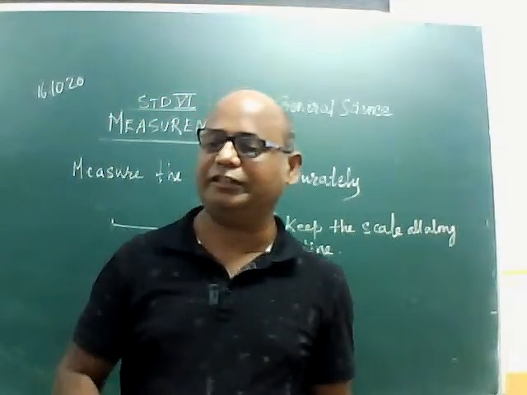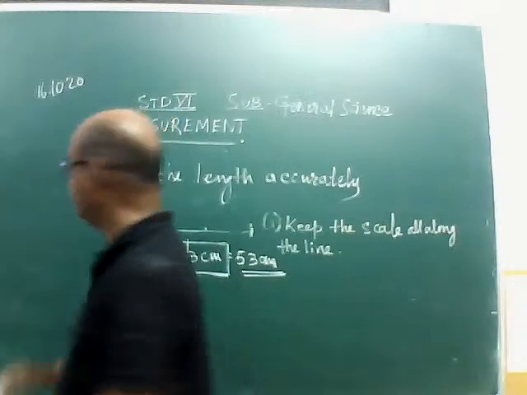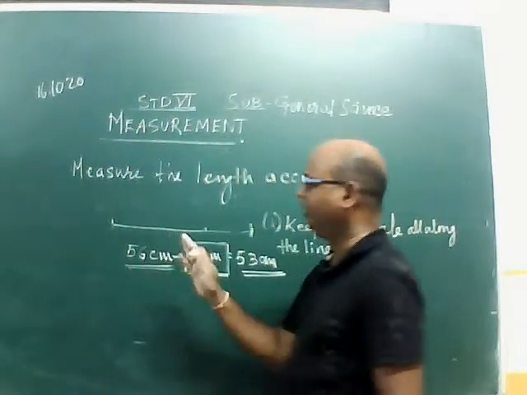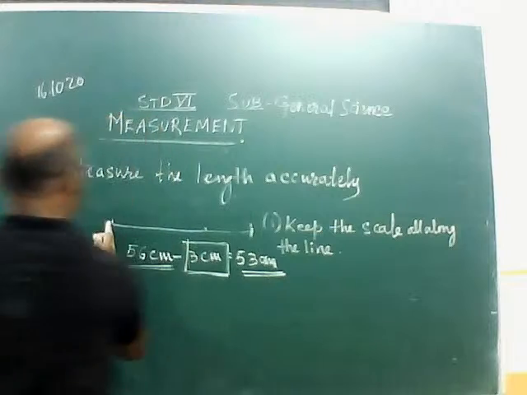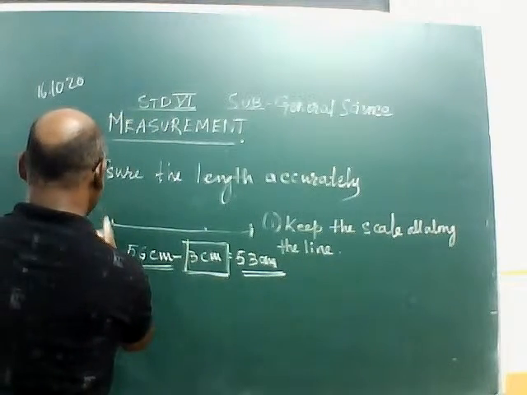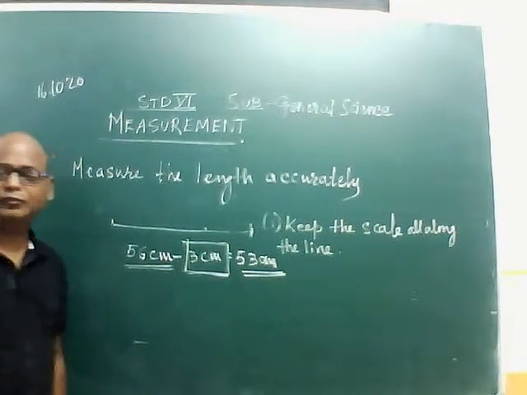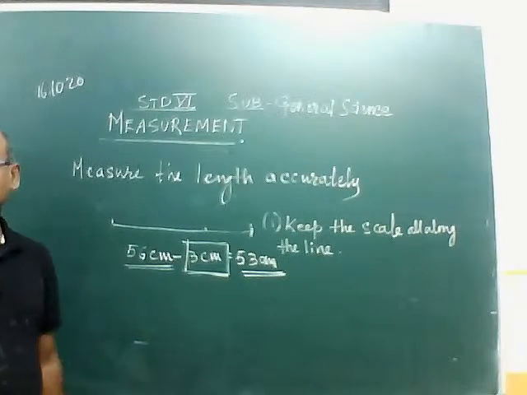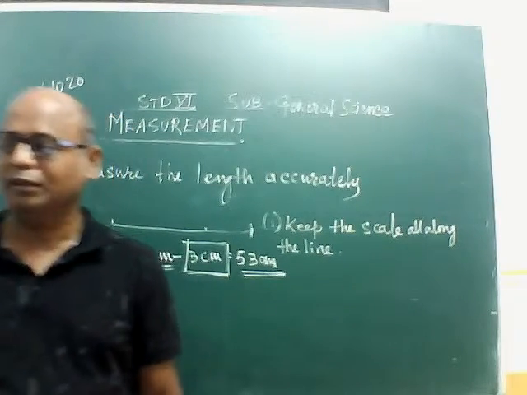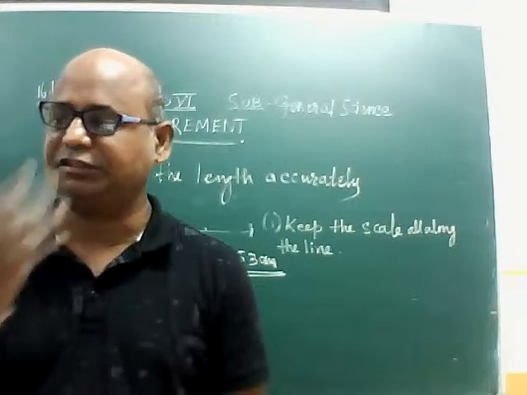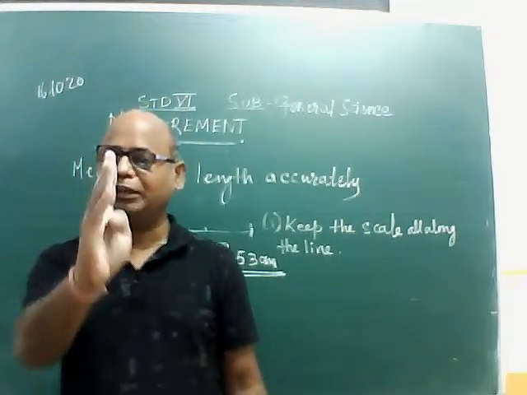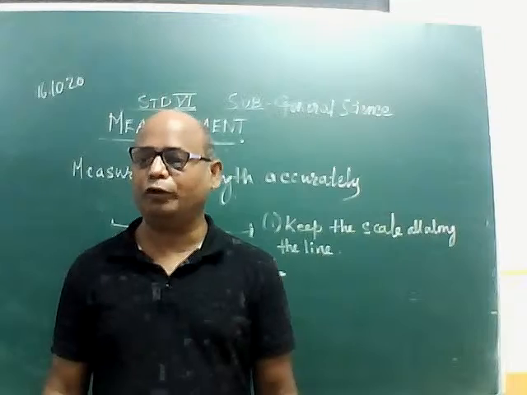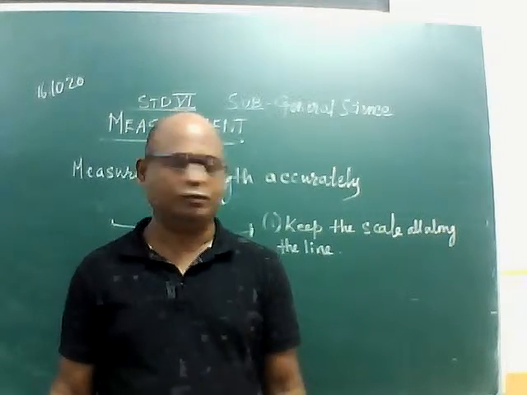Then while measuring, are you going to see from this side or from the right side, or are you going to see getting a 90-degree angle with the starting point and with the ending point? What is the correct way? The correct way is to see straight, making a 90-degree angle with the starting and ending point. Okay.